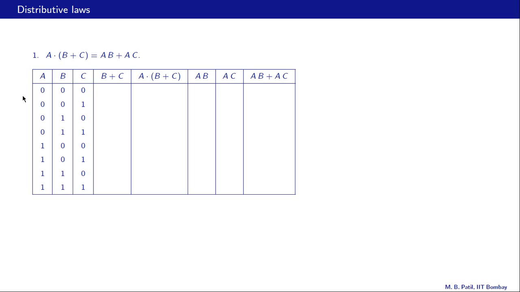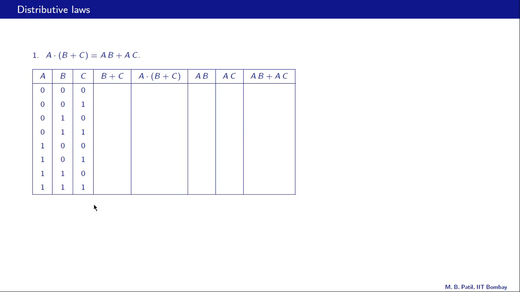Let us construct this truth table, and we are going to check whether this column, which is the left hand side here, is the same as this column, which is the right hand side. So let us get started. First, we need to exhaust all the input combinations, and in this case each input can take two values, 0 and 1, and since there are three inputs, we have 2 raised to 3 possibilities, that is 8 possibilities.